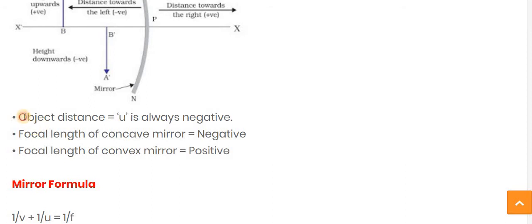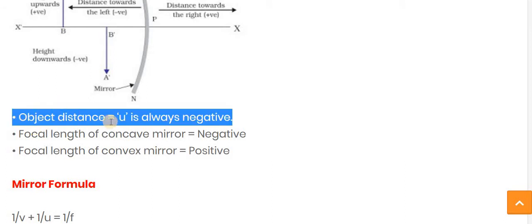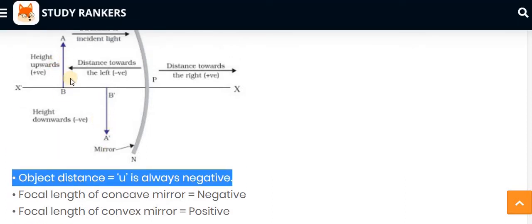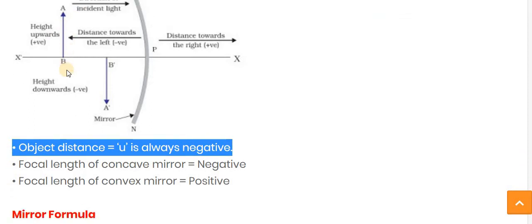In that, generally, object distance means, here our object is AB. So from the P to B, we have to move forward to the left side. So our U we have to take as negative. Here you can see U means the distance between the object and the pole.